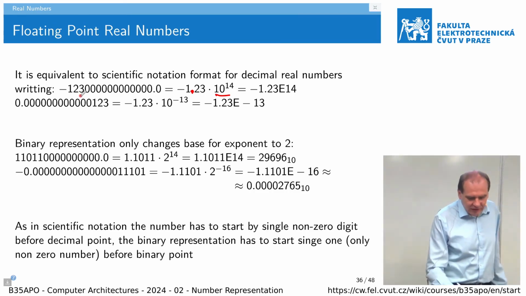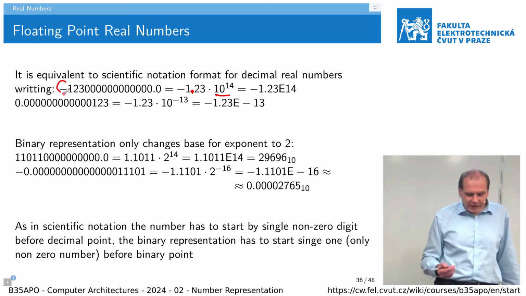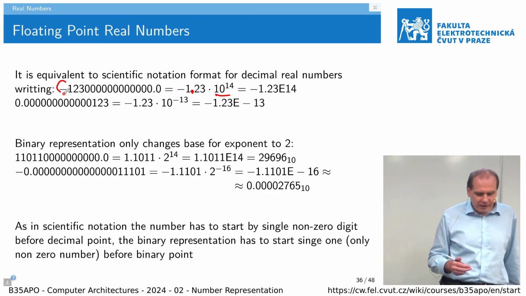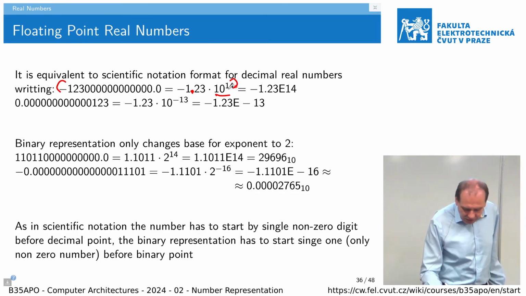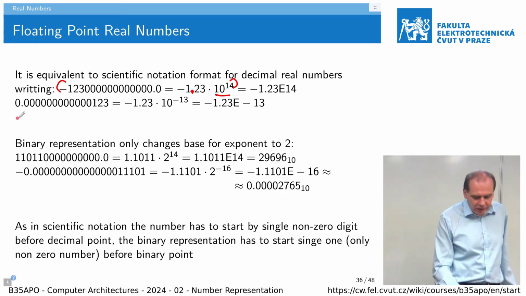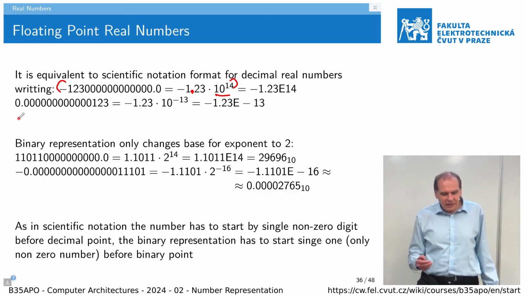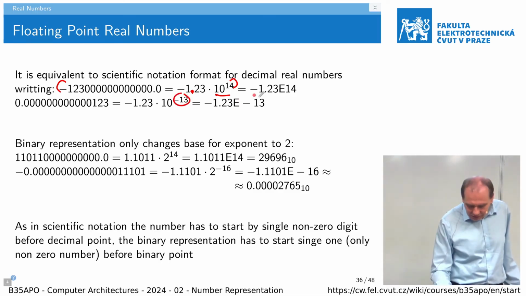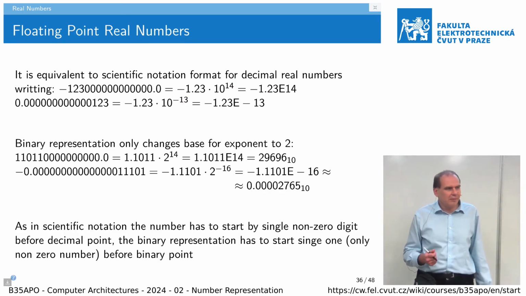If it is some value bigger than 9.999, so equal or bigger than 10, then the exponent will be positive. If it is a value which is smaller in absolute value, if it is smaller than 1, then the exponent will be negative. And we can do exactly the same with the binary system.